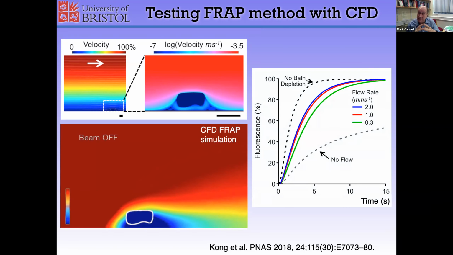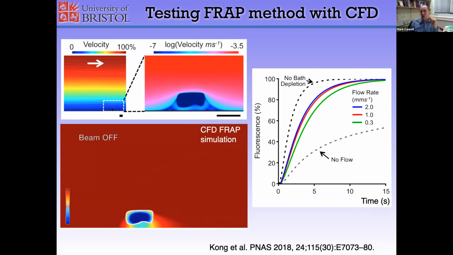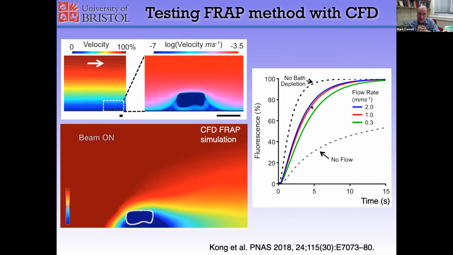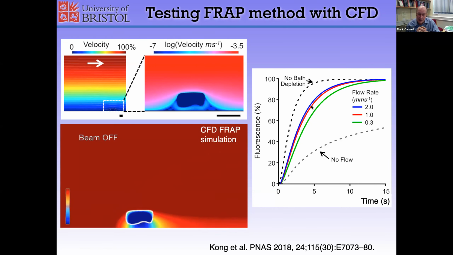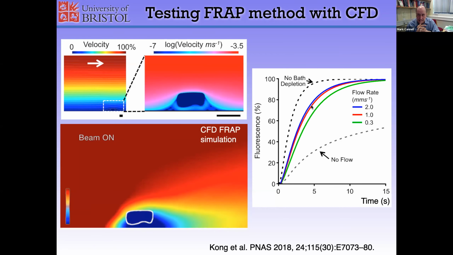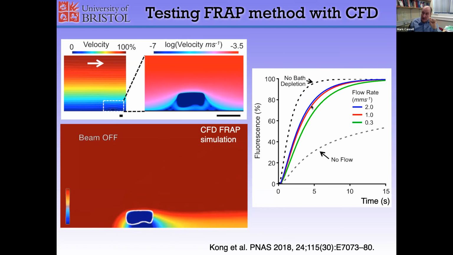And we can sort of summarize that even with the highest flow rates that we could achieve without actually washing cells away, which is about 2 millimeters a second across the surface, we still were in a situation where there was surface effects limiting solution exchange around the cell.